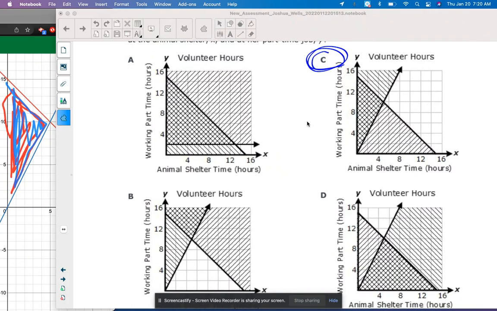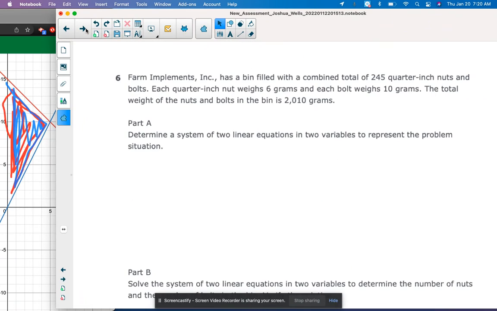Okay, let's go ahead and look at problem number 6. So Farm Implements Incorporated has a bin filled with a combined total of 245 quarter-inch nuts and bolts.